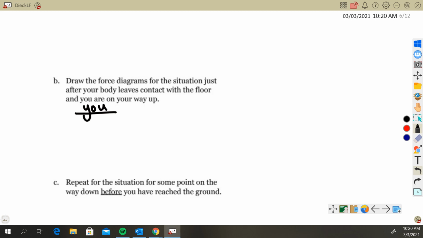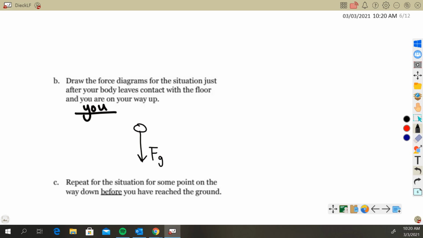So once we've left the ground, what is the only force that we are going to experience? There's only one. We left the ground. Gravity. What direction is gravity? Down. There is no other force except for gravity when we are midair. So force of gravity pointing downwards.